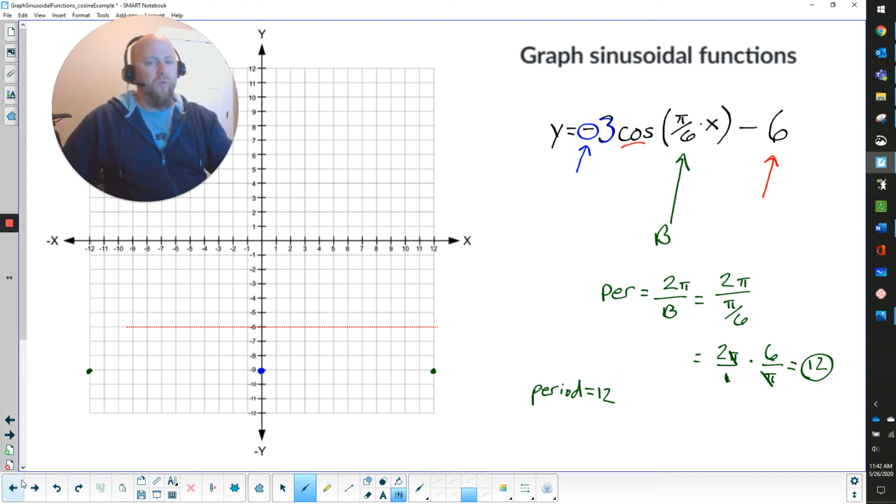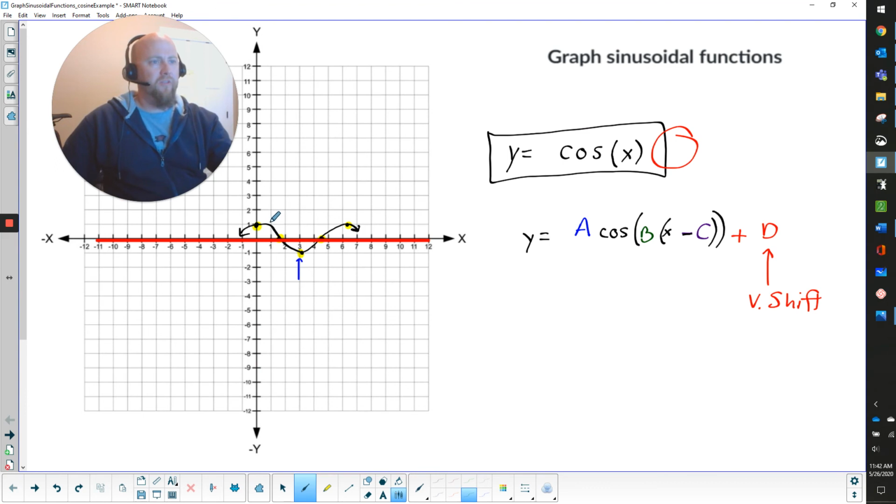So just real quick, back to the parent function. For step 1, find the period.